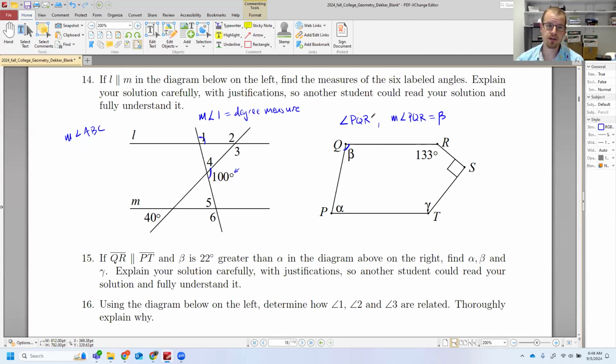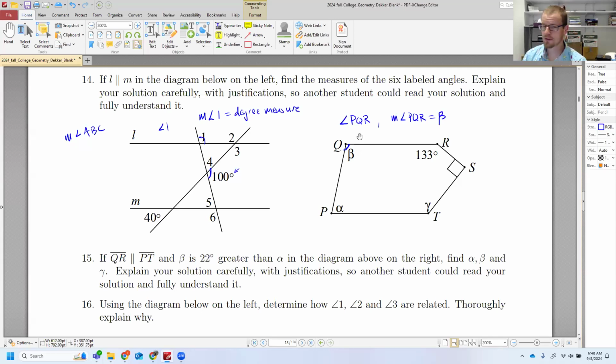So we can talk about angle PQR, we could talk about angle 1, and we could talk about the measure of angle 1 or the measure of angle PQR. Those are ways we can name angles and refer to them. And when we use a Greek letter, we're just saying that that's the measure of the angle. A placeholder. We could have used X, Y, Z, although I guess there's no good reason why you couldn't. It's just maybe not the convention, at least not for this particular text.